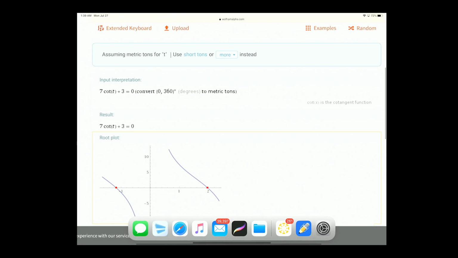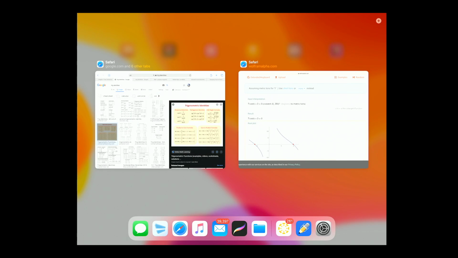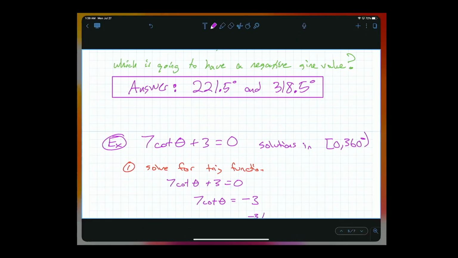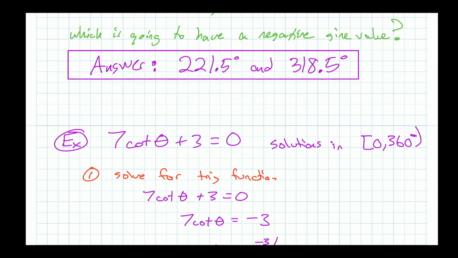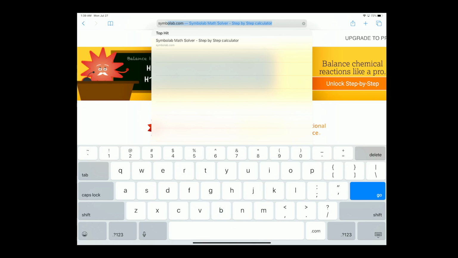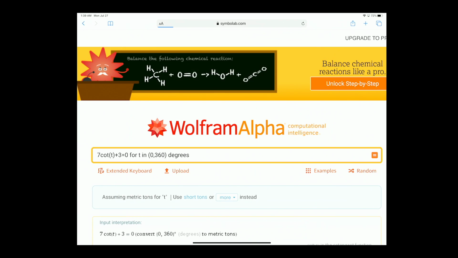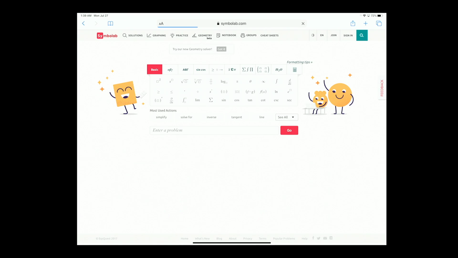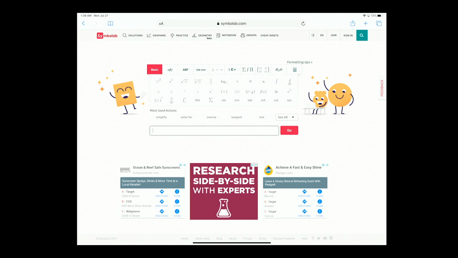Useless. Did I actually type it in right though? Let's see. Yeah, 7 cotangent theta plus 3 is 0. We might have better luck with Symbolab here. Let's just try it. Wolfram Alpha can definitely solve these. It's just choosing not to right now.